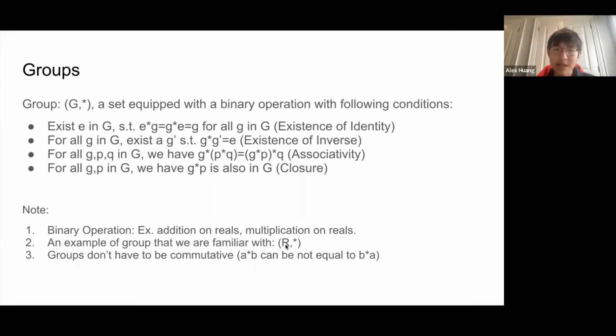So a group is a set equipped with a binary operation. I believe most of you probably know what a set is. A set is basically a collection of numbers or a collection of objects. For example, I can call a set {1, 2}, then 1 and 2 are elements in this set.